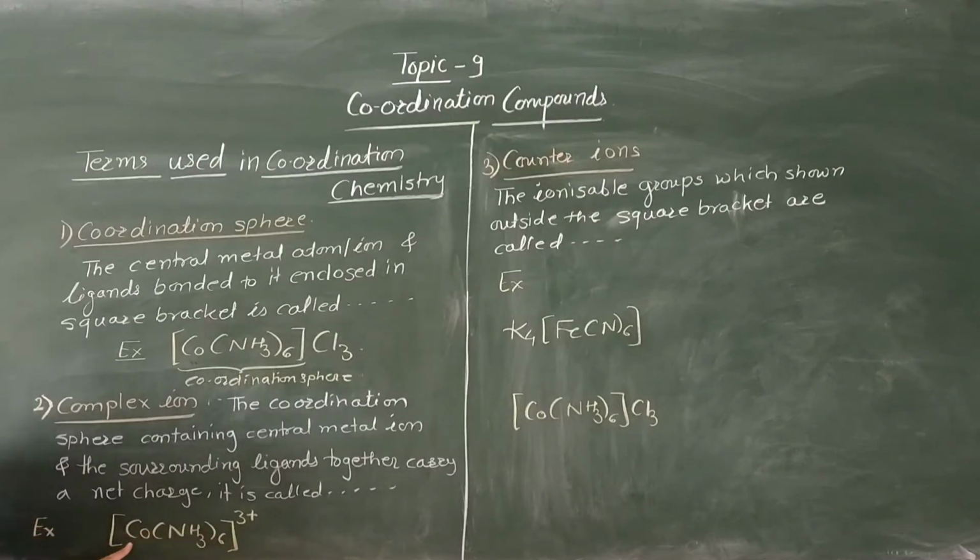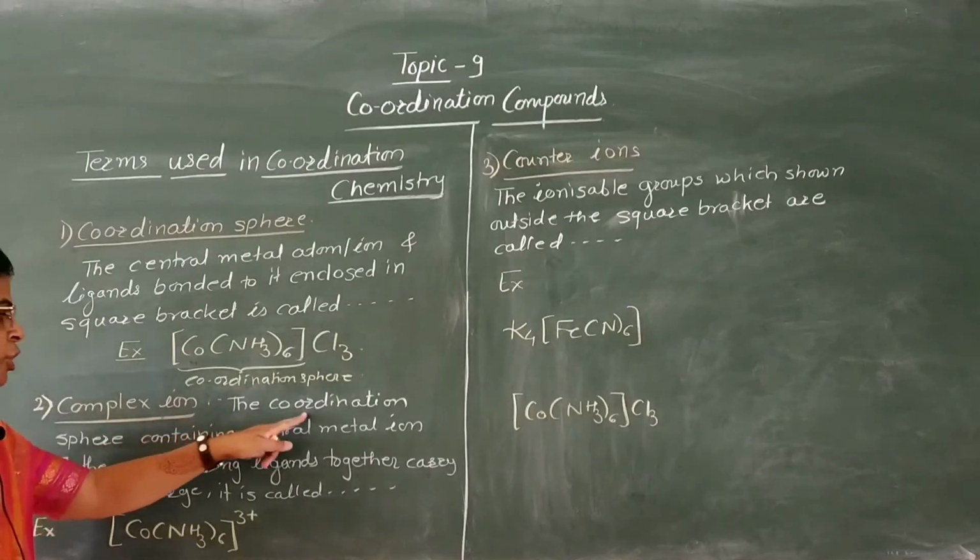Then this coordination sphere contains the central metal atom bonded to ligands, and in total this coordination sphere carries some charge on it. This charge on this is called a complex ion.